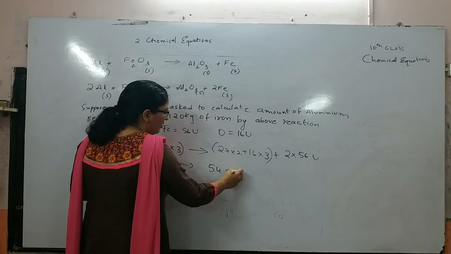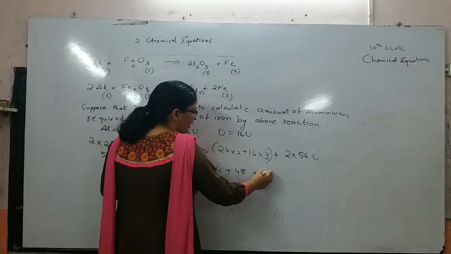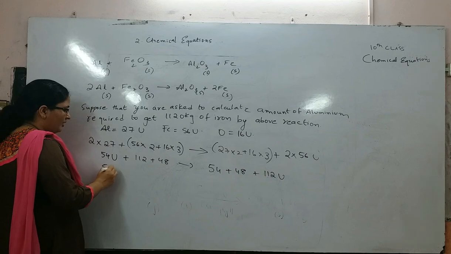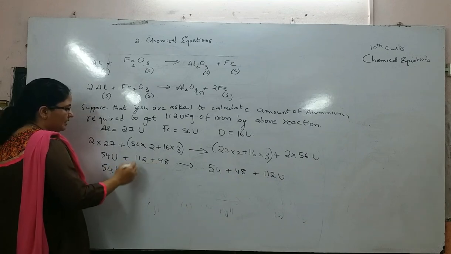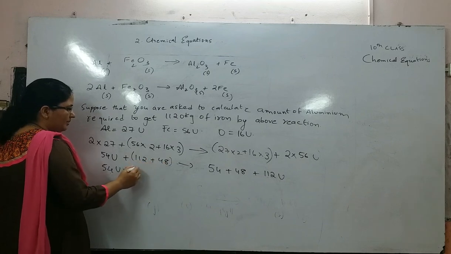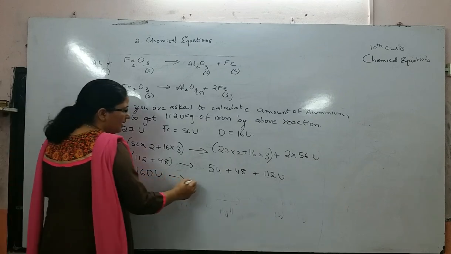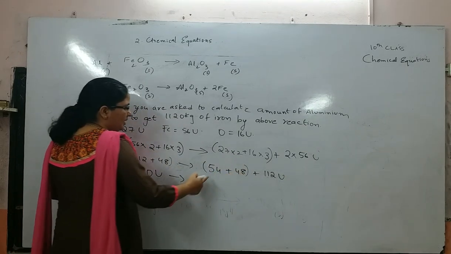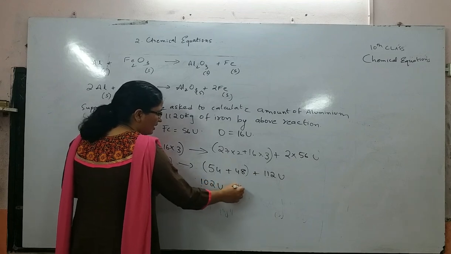54U plus 112 plus 48. 112 plus 48 is nothing but 160U, and this is 54 plus 48, 102U, plus 112U.